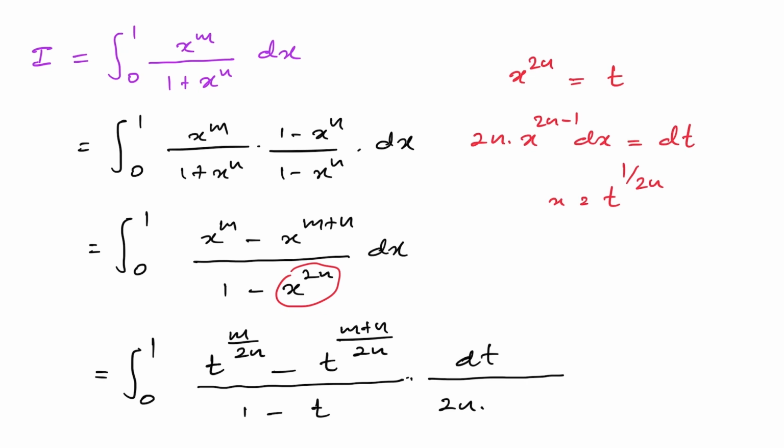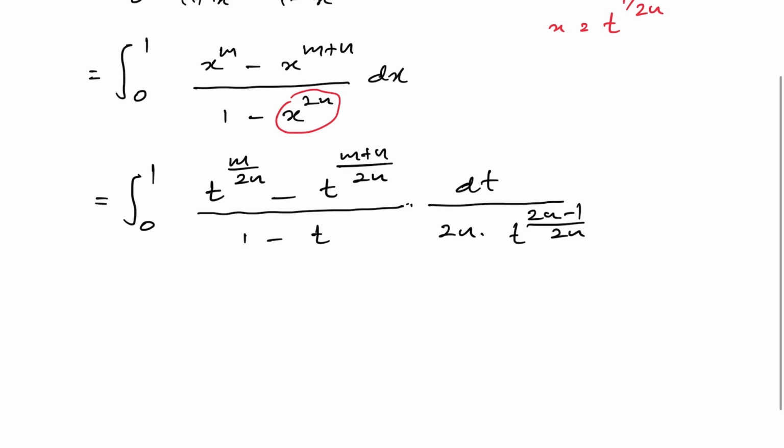2n times x to the 2n minus 1, so we have t to the 2n minus 1 over 2n. Let's simplify. 2n is constant, so 1 over 2n times the integral from 0 to 1.